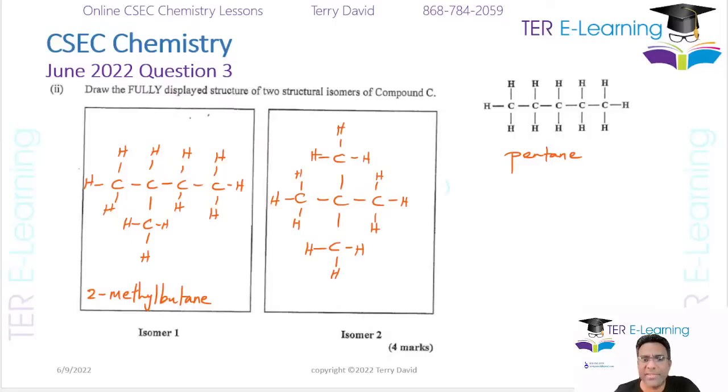And the name of this one here will be 2,2-dimethyl propane, right? I don't know if they ask us in the next part to name it, but that's the name of these here. But all they want us to do is to draw fully displayed structures, and it's 4 marks, so they're giving you 2 marks for each one. That's it.